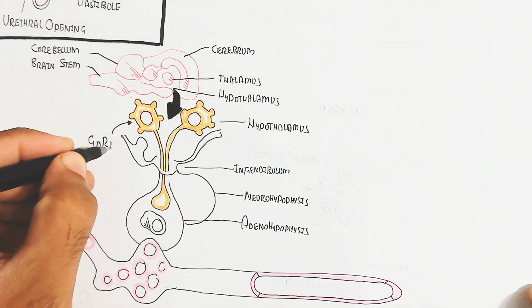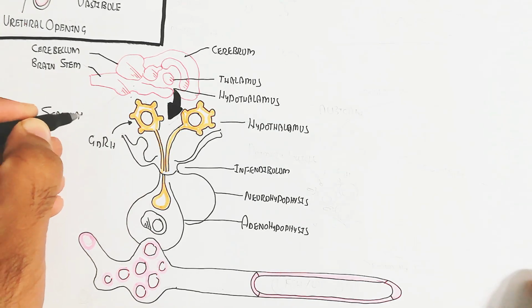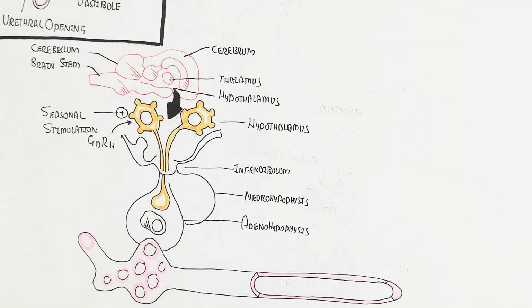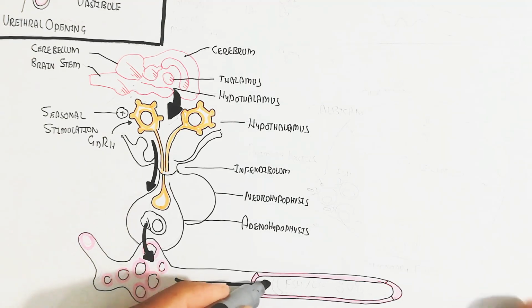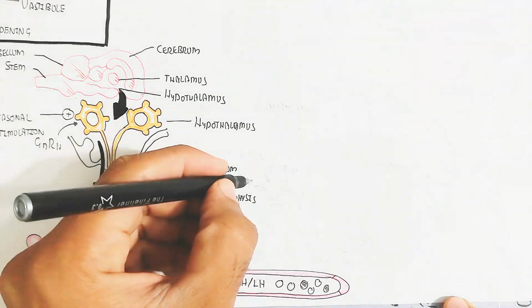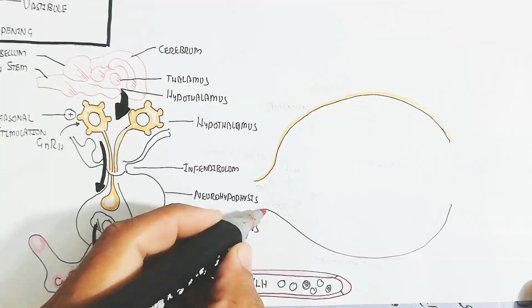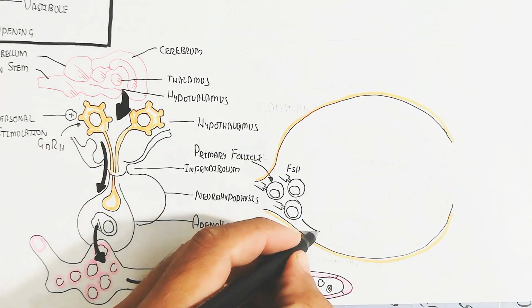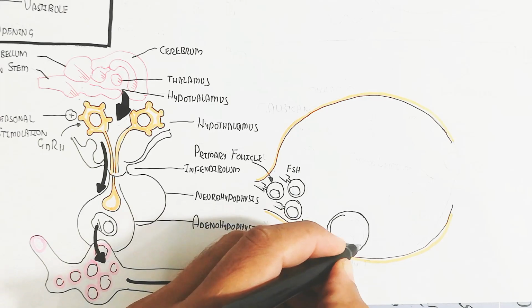This is the neurohypophysis and adenohypophysis, and this is the seasonal stimulation to the hypothalamus from the thalamus and the higher brain cortex, which triggers the adenohypophyseal cells to release follicle stimulating hormone and luteinizing hormone. It depends on the season, not periodic activation like in humans or apes, the primates.